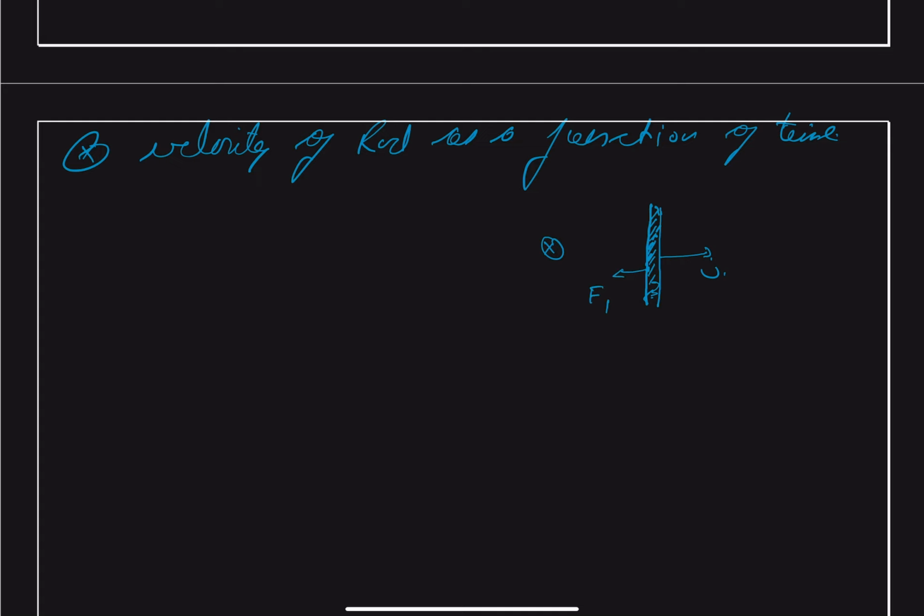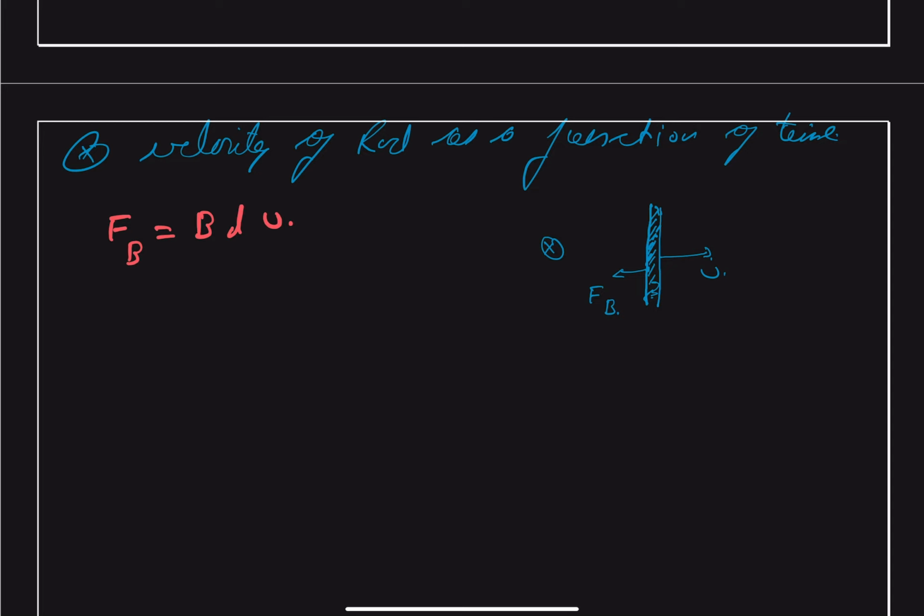That will be our F, and we know that our F is equal to B L V, where B is the magnetic field, and L is the length, which is given as d.